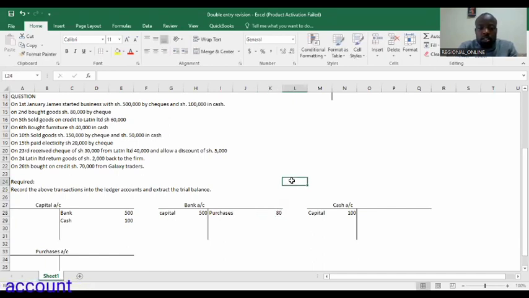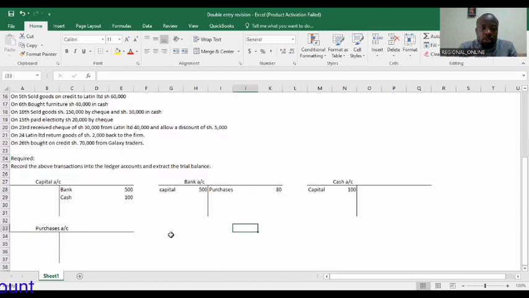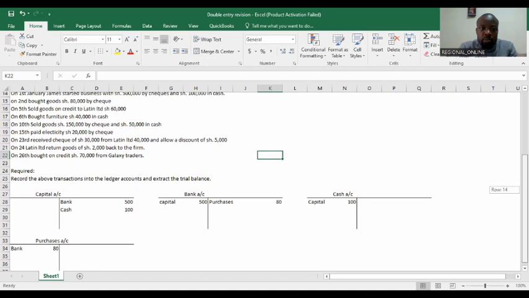Once the transaction has been credited in this bank account, automatically I'm going to debit my purchases account. Purchases is like your stock, and your stock is your asset. So asset can increase, you debit by 80. So that transaction is fully completed because double entry is already done.